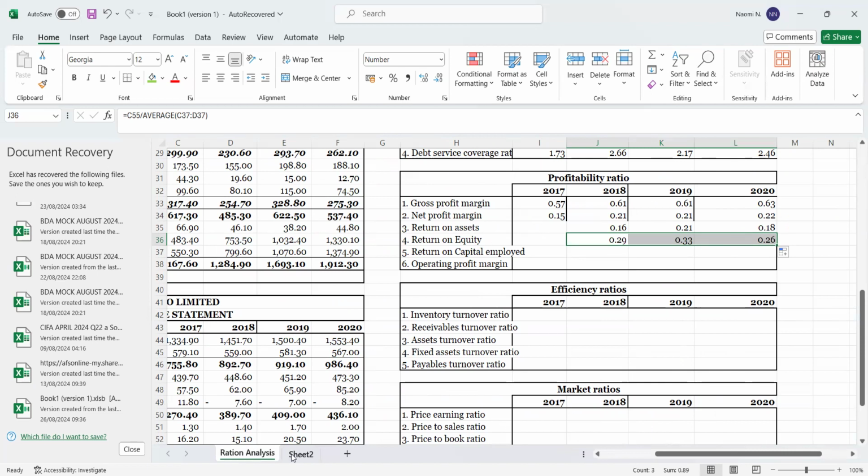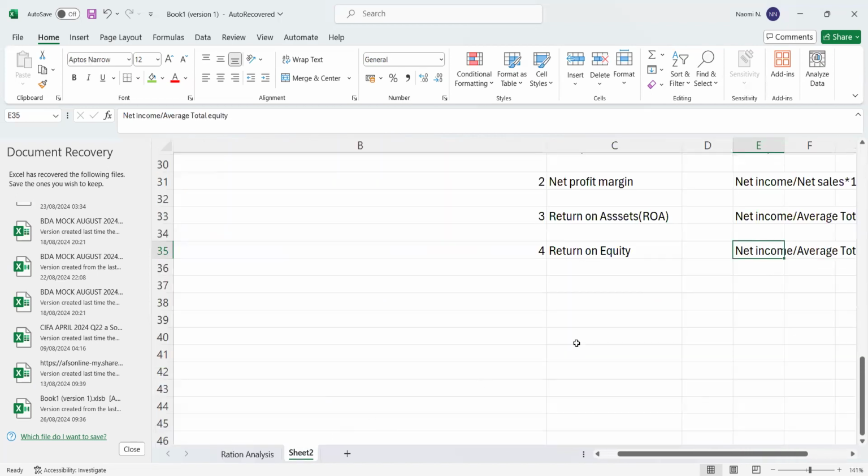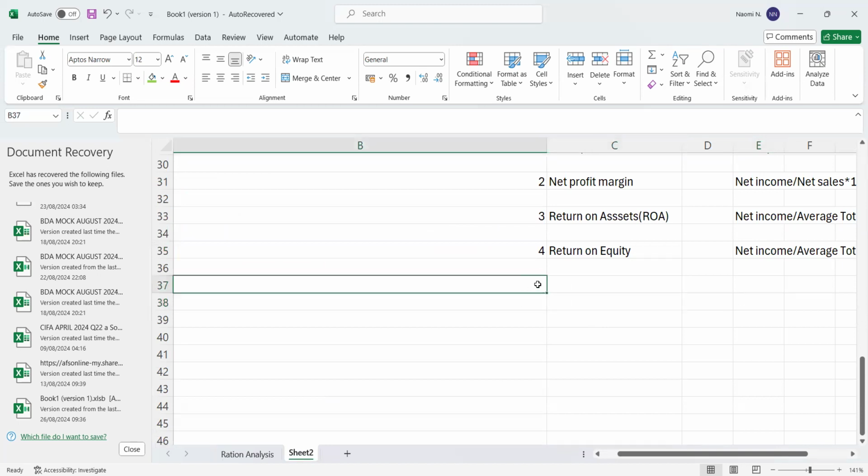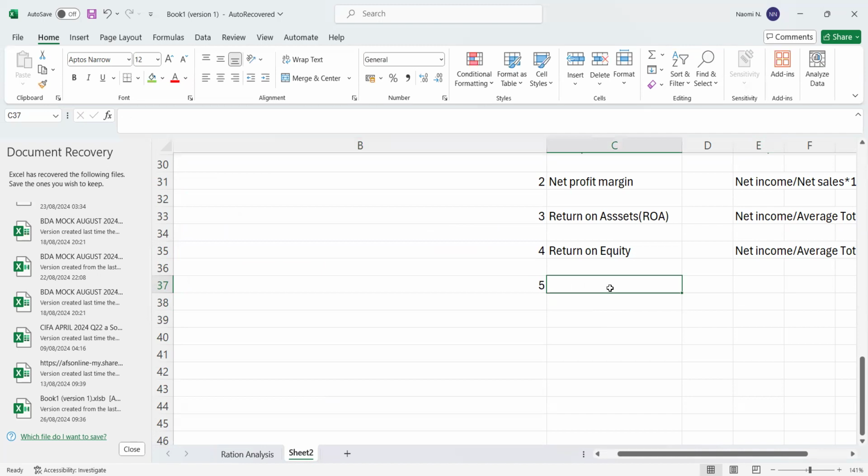Then return on capital employed, number 5. Most of the time it is called ROCE.